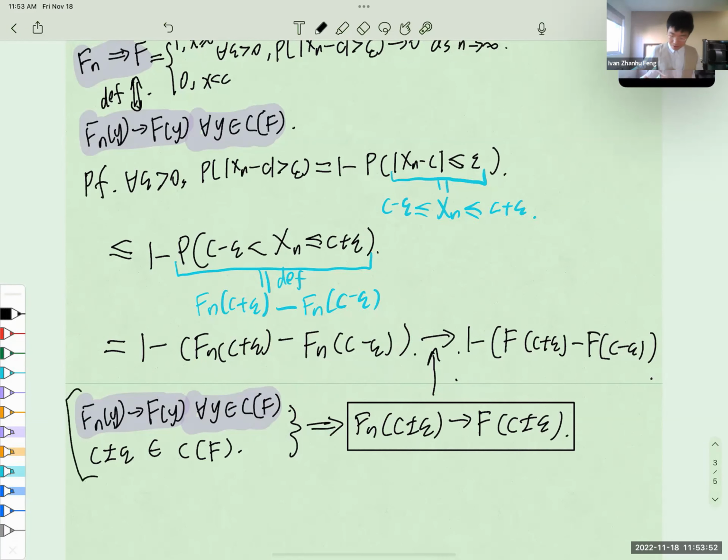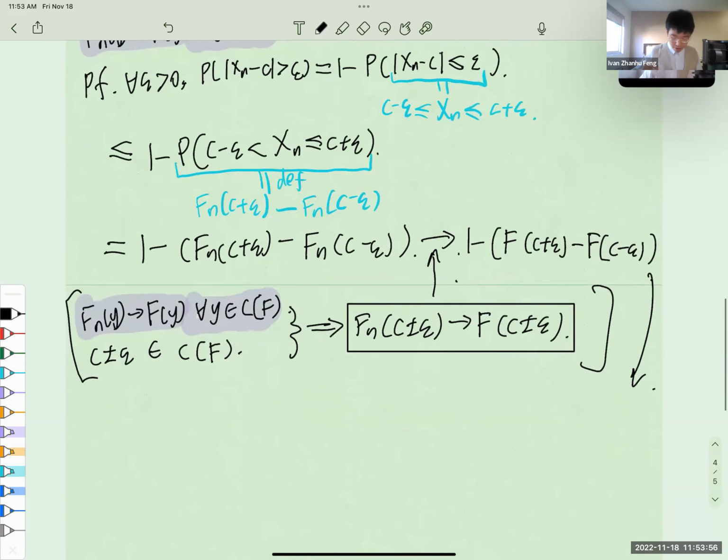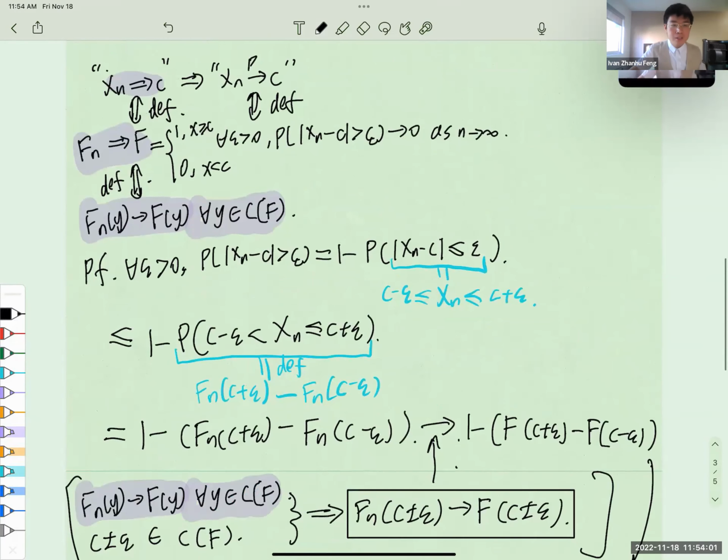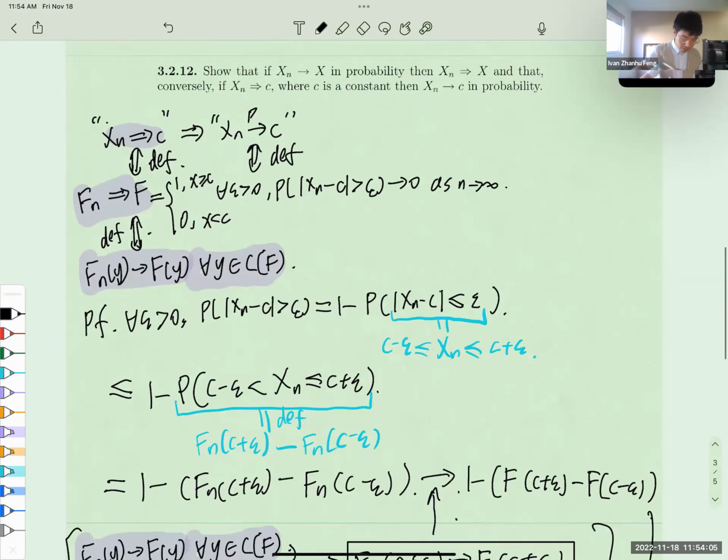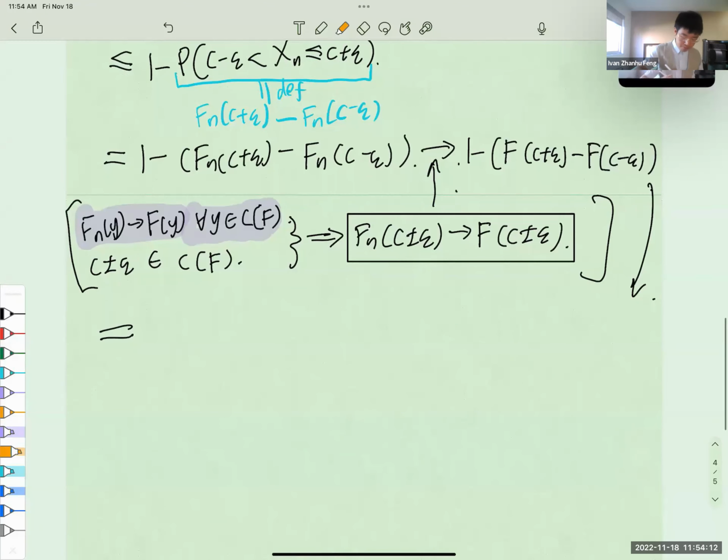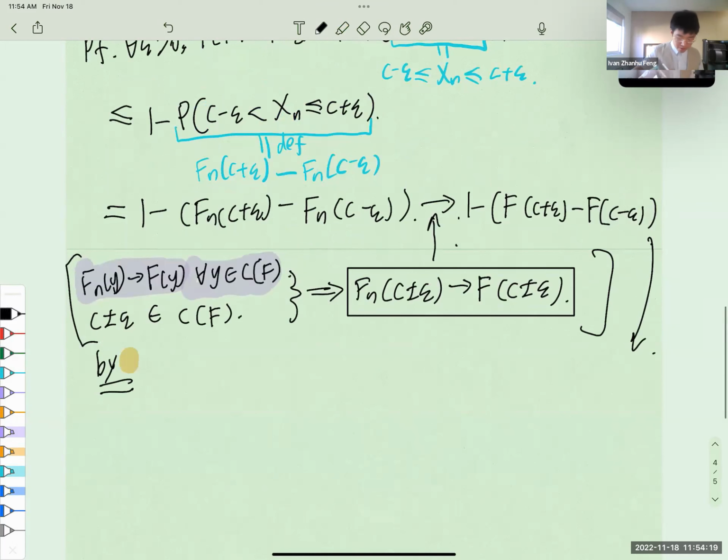And then next, let's continue this probability. It equals now, by the definition of capital F, like so. We have, by this orange part, this difference is actually equal to 1 minus 0.